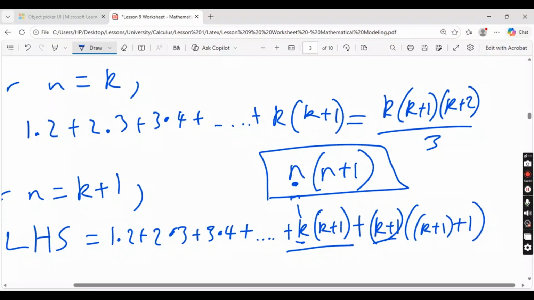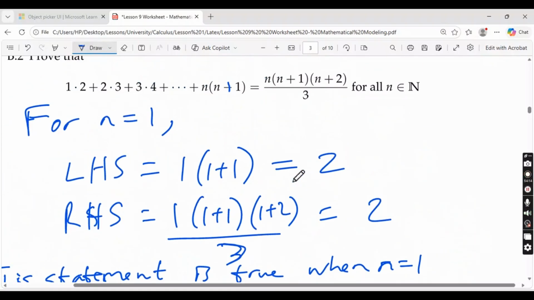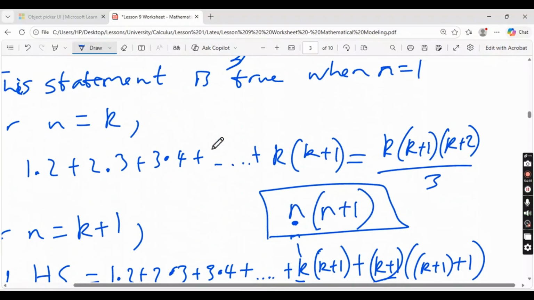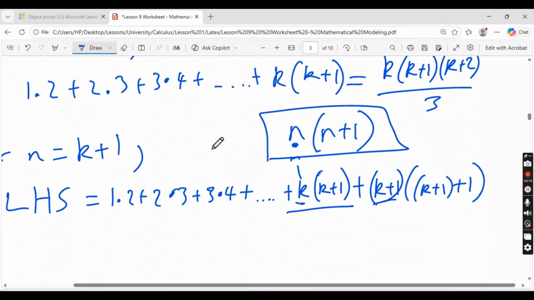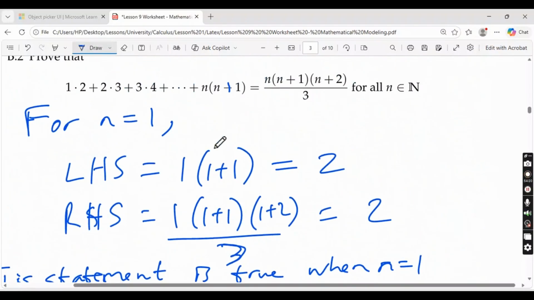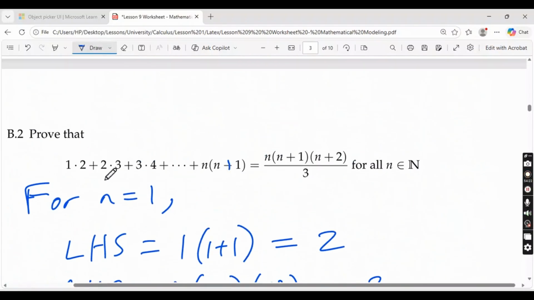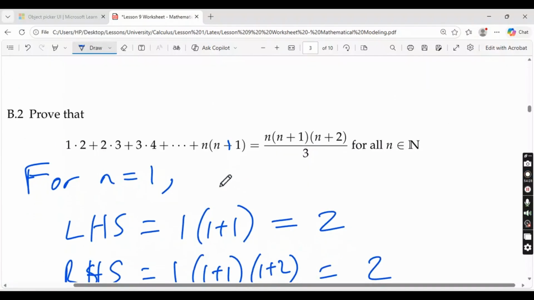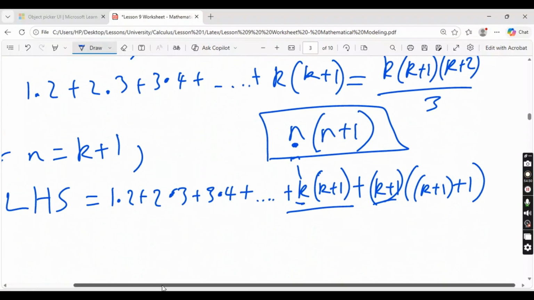Does that make sense? Not really, because looking at the sum, n is equal to k plus 1, right?